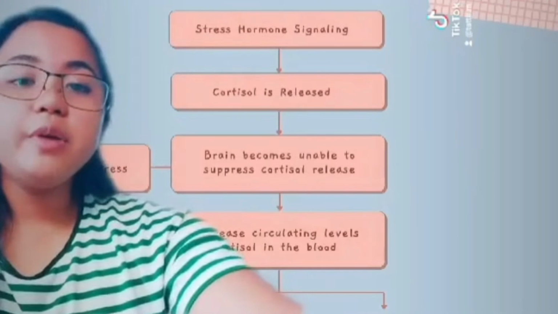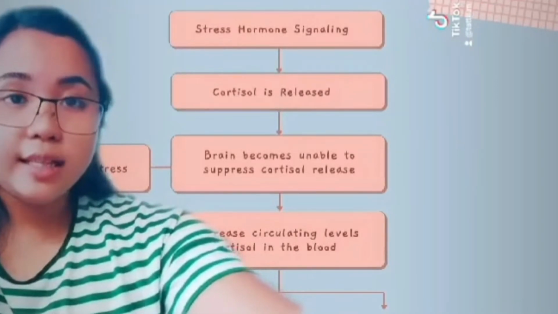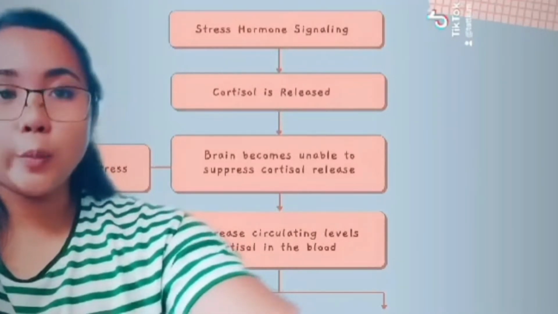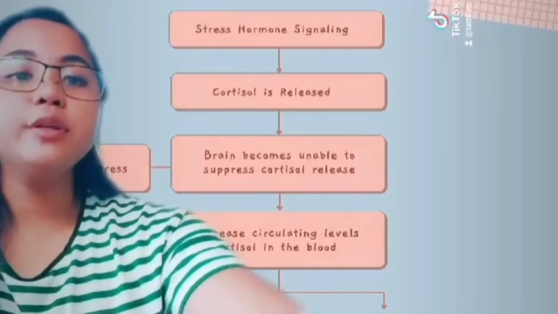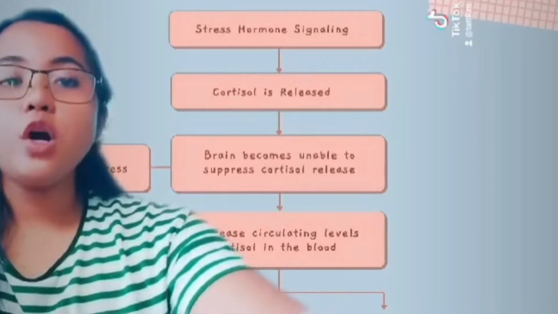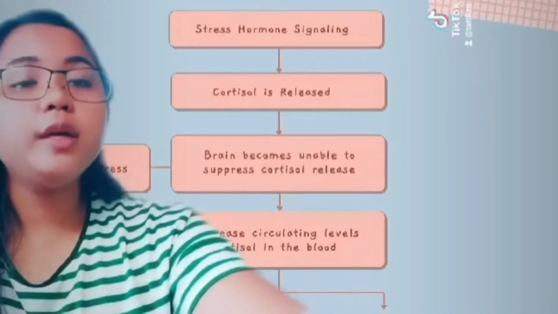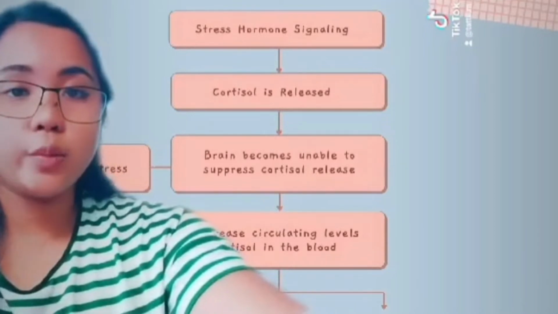After the amygdala sends a distress signal, stress hormone signaling will cause the adrenal glands to secrete cortisol, which we know as a stress hormone.